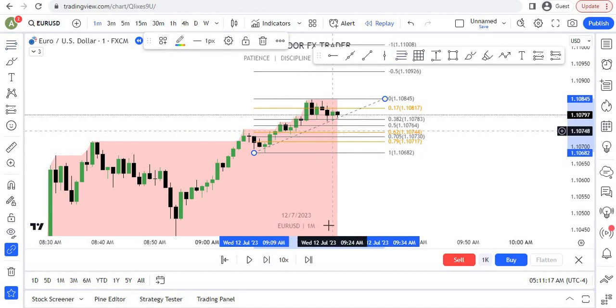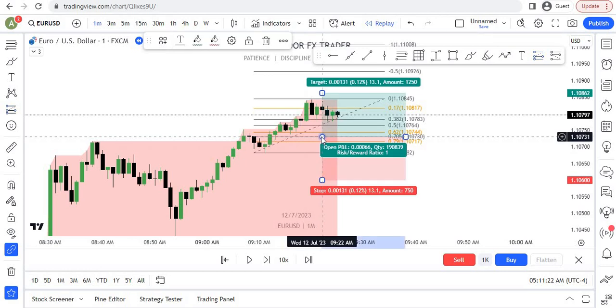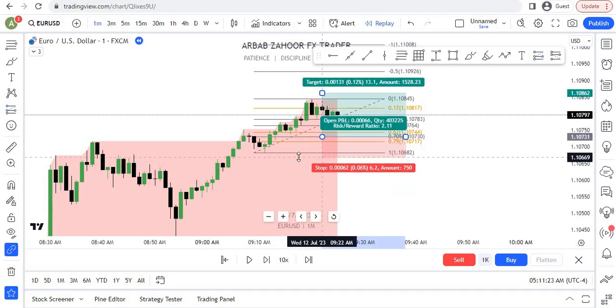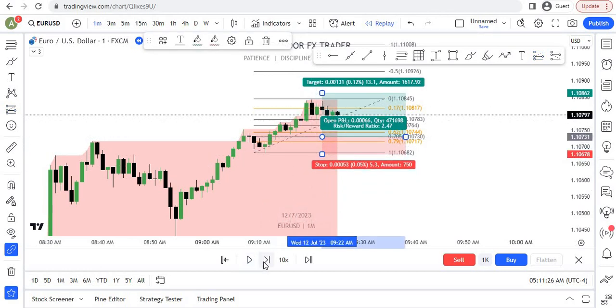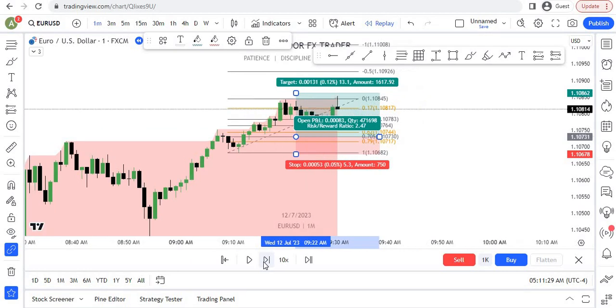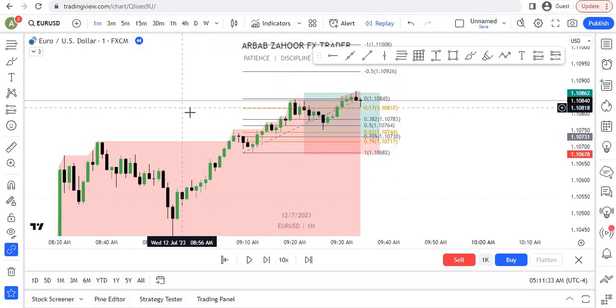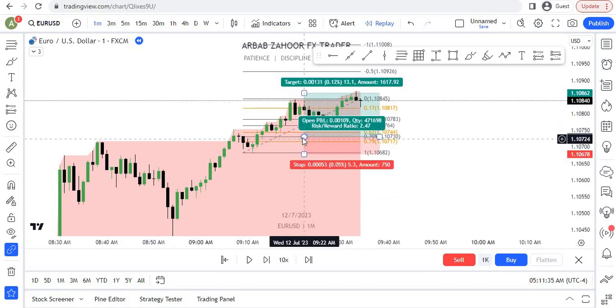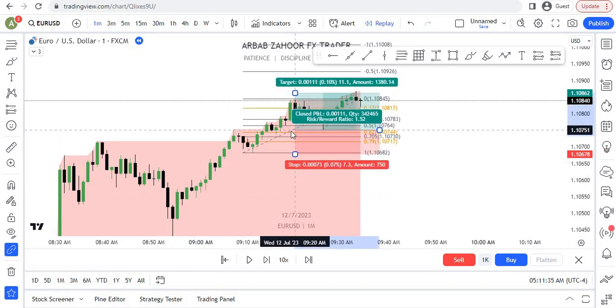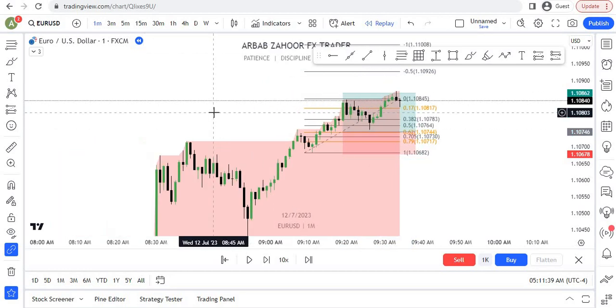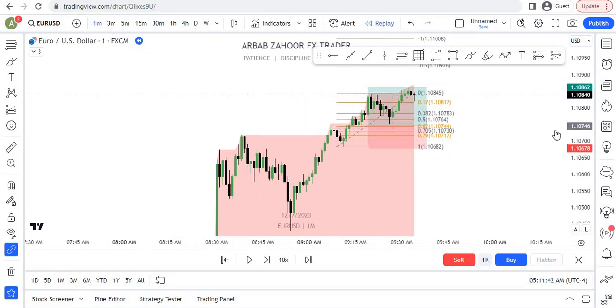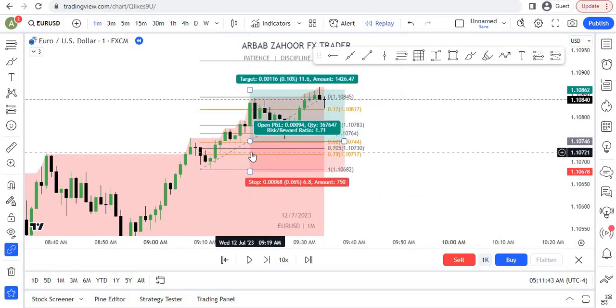And this is our structure, and put the entry here and stop loss above. You will see, do we catch it or no? We come near to the 0.6 in this area and price goes upside. Okay, no problem, because price is in bullish momentum, this can happen, don't worry about that.